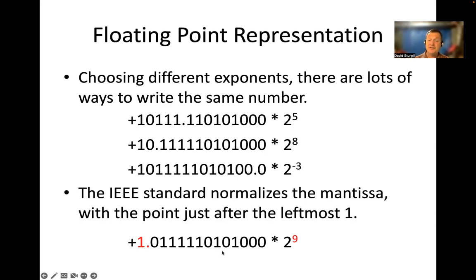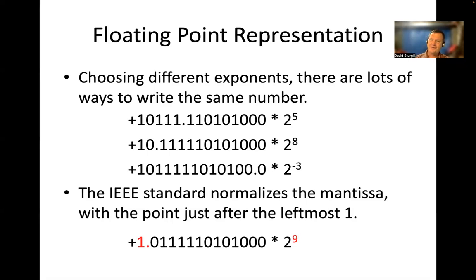So this picture kind of shows what I'm talking about. We'll choose an exponent so that there's 1 non-zero bit to the left of the point. All the ones at the top of this slide are equivalent, but that's the one we're actually going to store.